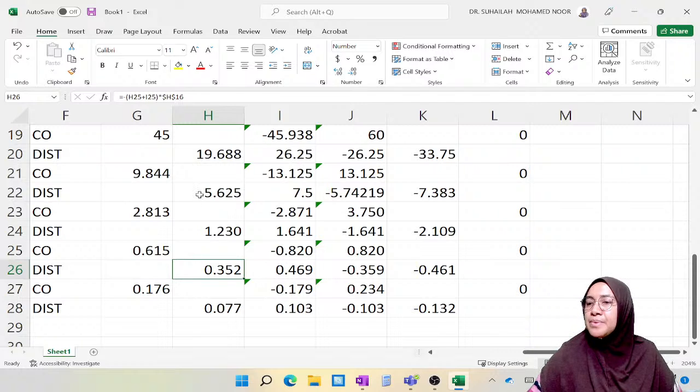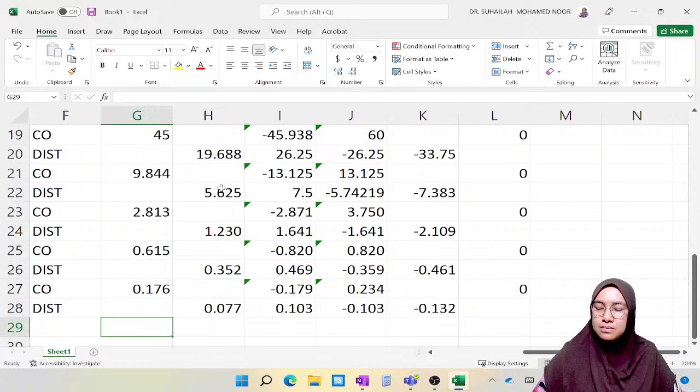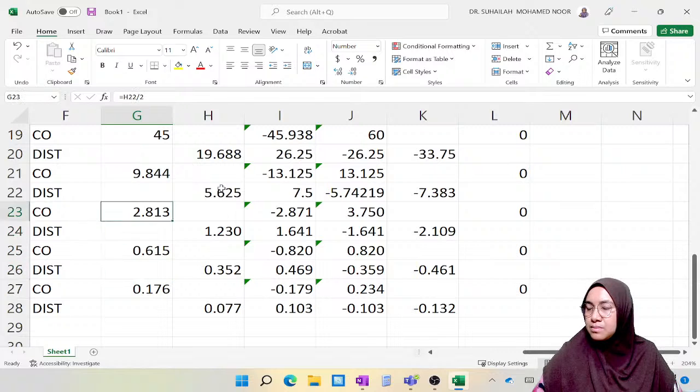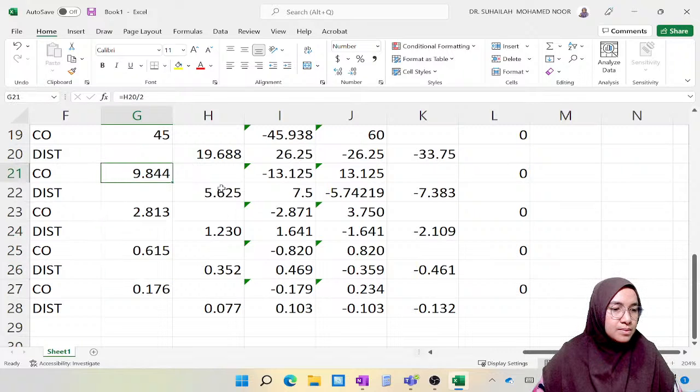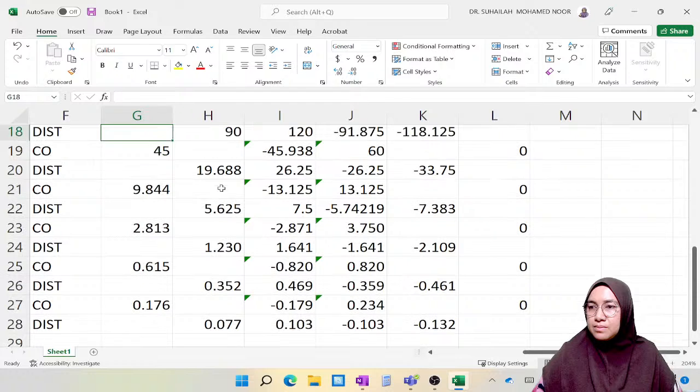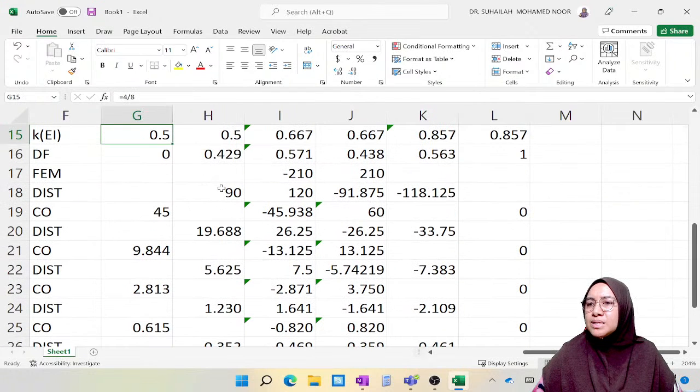So we will now total the moment. Total moment, starting from the FEM, the first moment in the table.